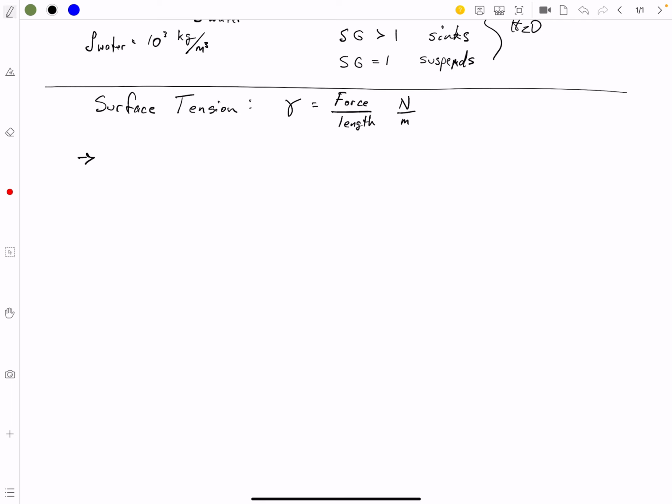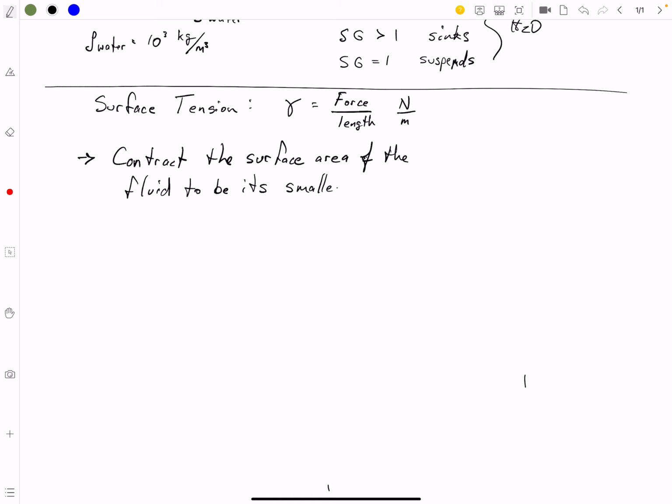The effect of surface tension is to contract the surface area of the fluid to be its smallest possible surface area.